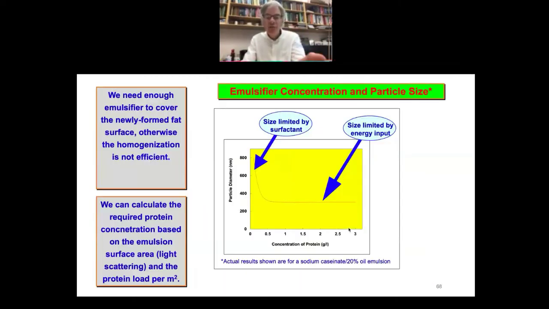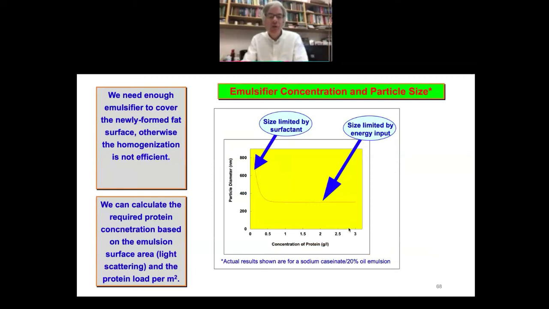I showed you this slide earlier where your size is affected by both the energy input at the homogenizer and the surfactant layer, and the surfactant composition and concentration become more and more important as we get into higher fat emulsions.